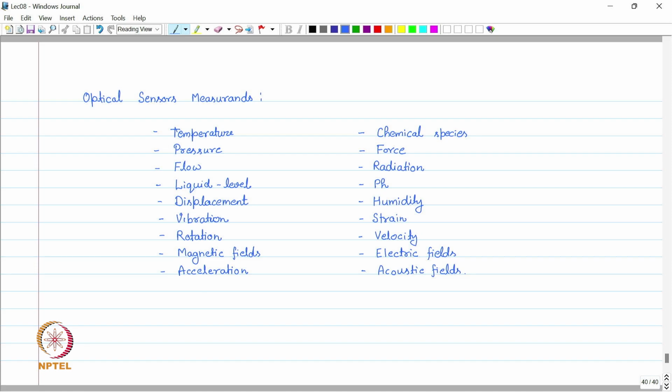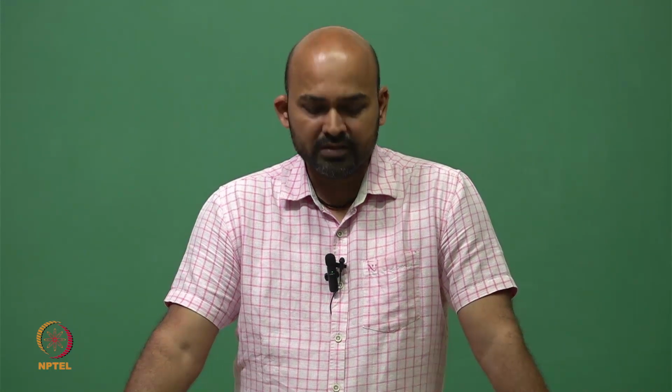So these are some of the measurements which you can make using optical sensors.